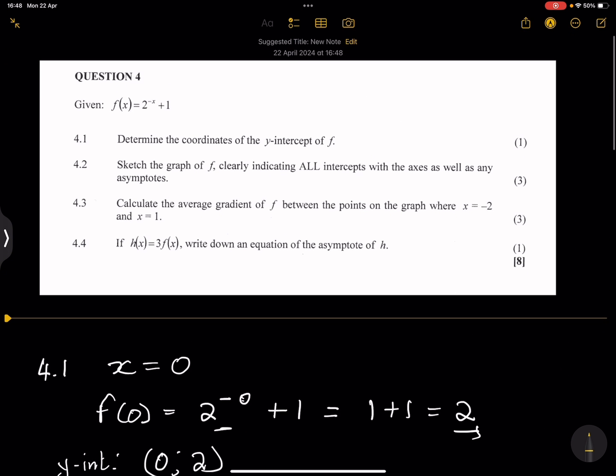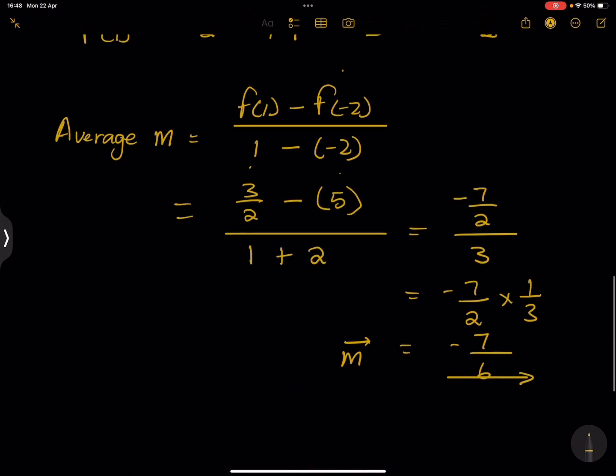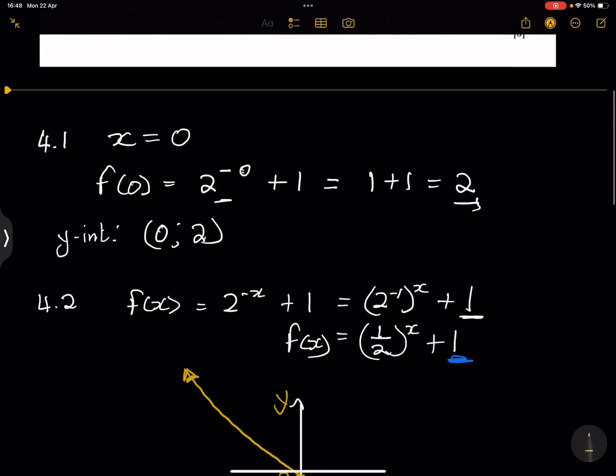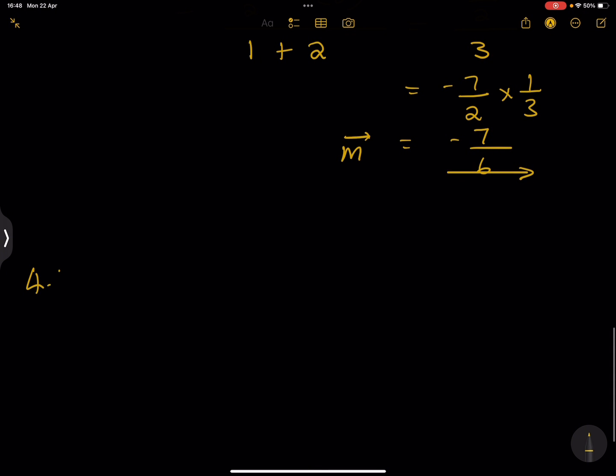Then finally, they say if h of x is 3 times f of x, write down the equation of the asymptote of h. So we are multiplying everything by 3. h of x is 3 times f of x.